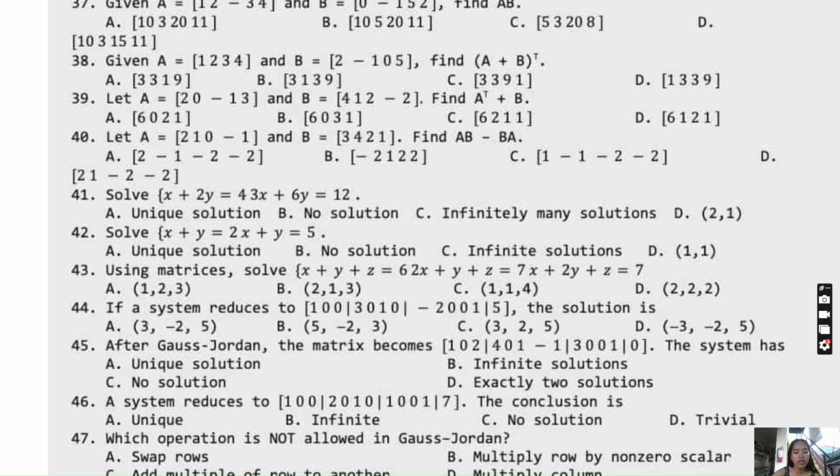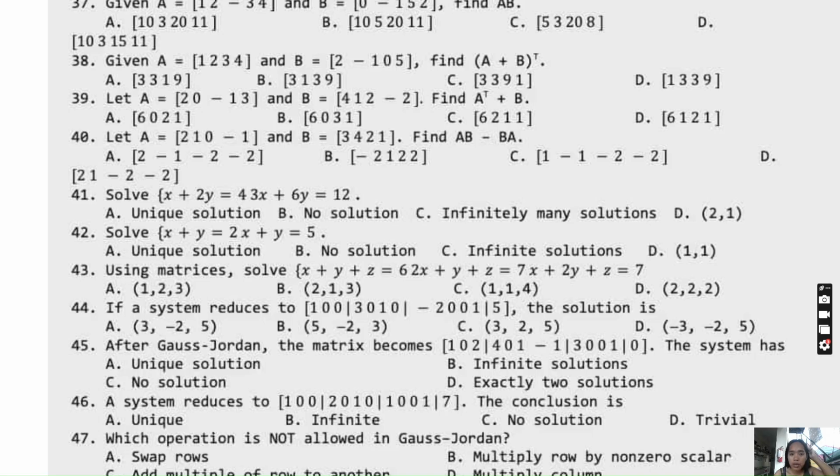Number 37, given A is 1 2 and negative 3 4, and B is 0, 0 and negative 1 5 2, and our AB would be what?